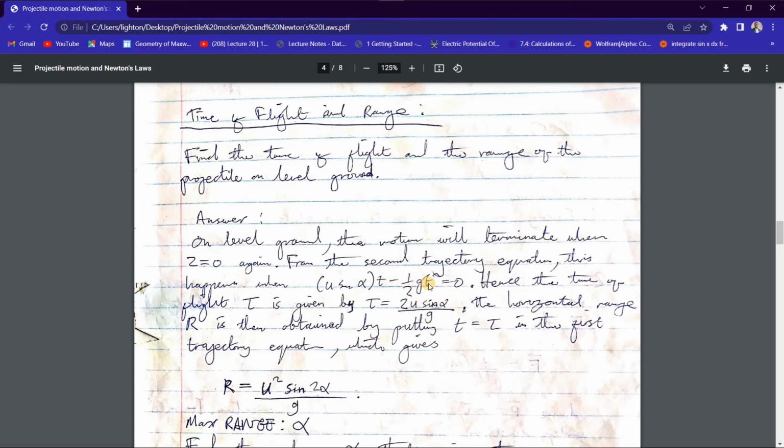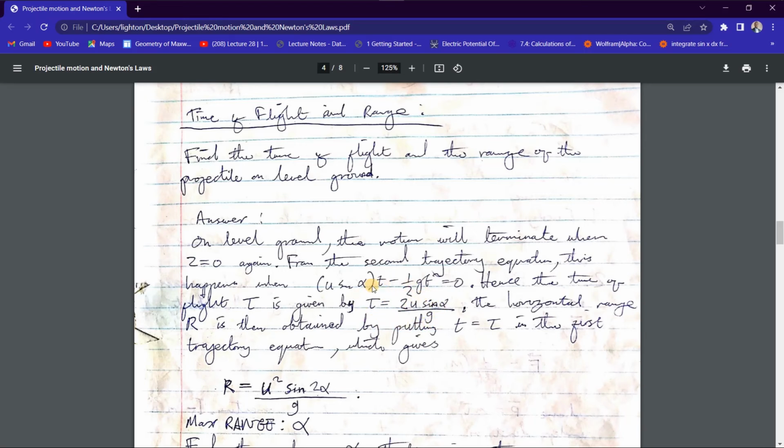This is just what you get by making t the subject of the formula.